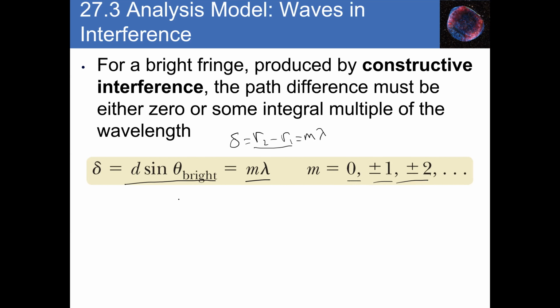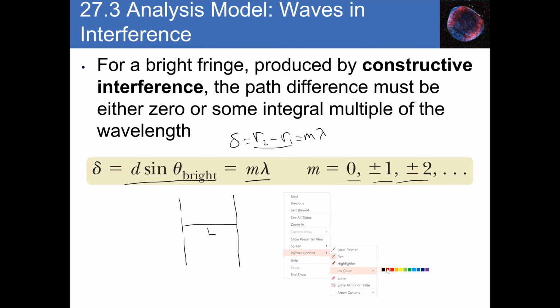What does that mean? If I have a screen behind a double slit experiment, and this is L, the distance between the slits and the screen, then when the light goes through those openings it gives me bright fringes. There's one bright fringe right here at the center, which we call m equals 0.